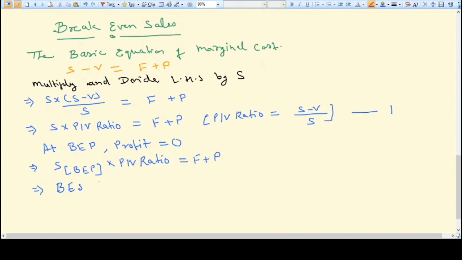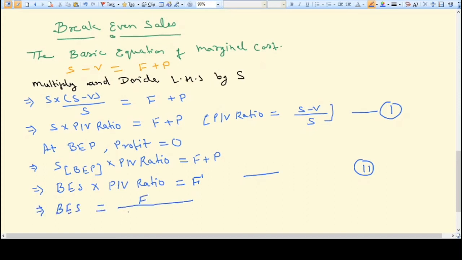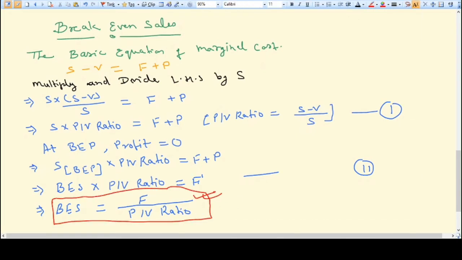So now the formula we arrive at is break even sale is equal to fixed cost divided by PV ratio. This is the formula of break even sales. To calculate the break even sale, we use this formula in marginal costing.